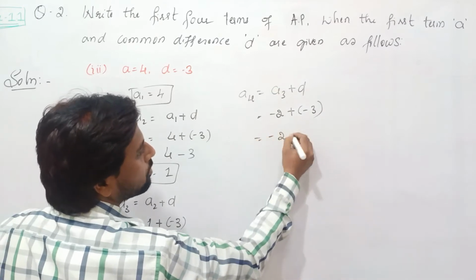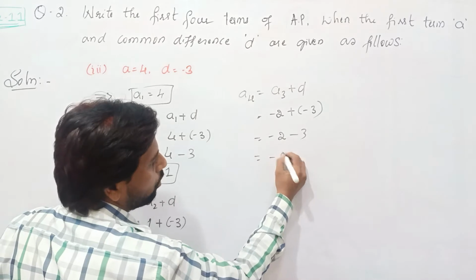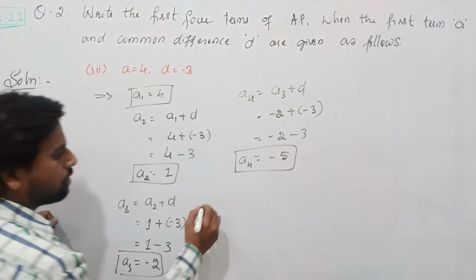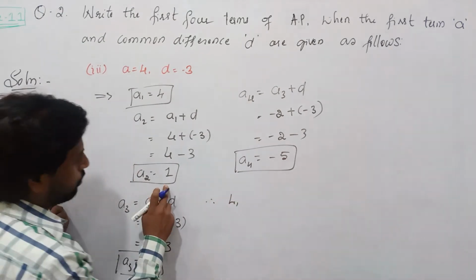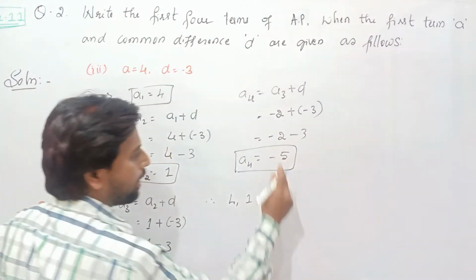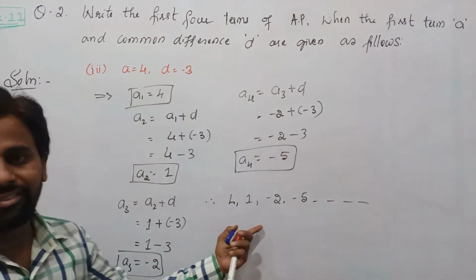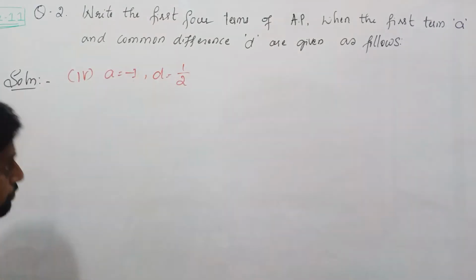So minus 2 plus minus 3, that is minus 5. So A4 is minus 5. So the terms are: A1 is 4, A2 is 1, A3 is minus 2 and A4 is minus 5. Like this we have found the first 4 terms. Okay, this is the third question.